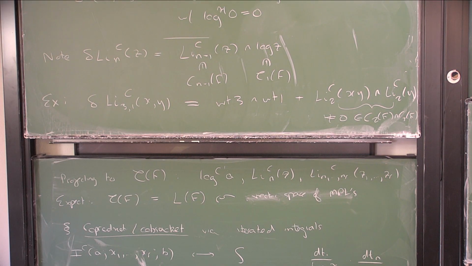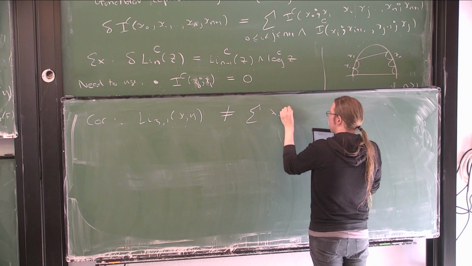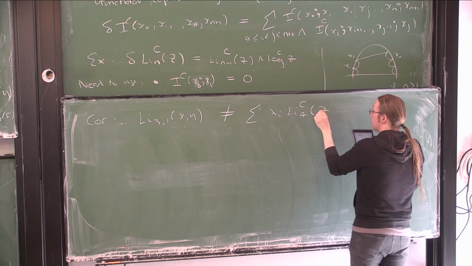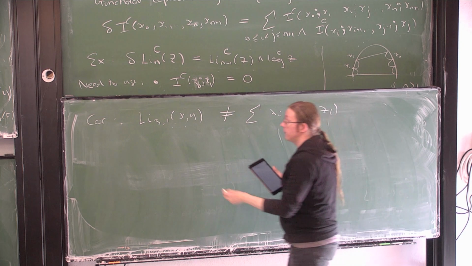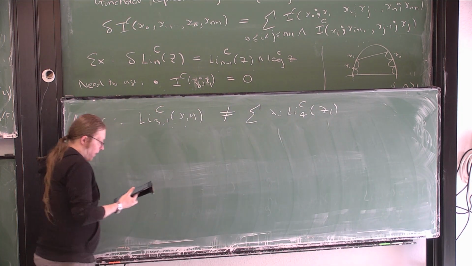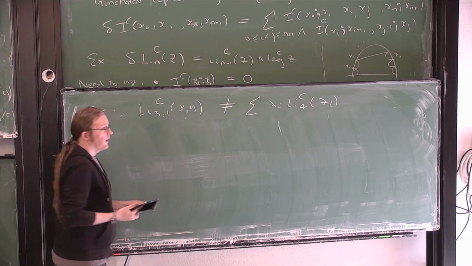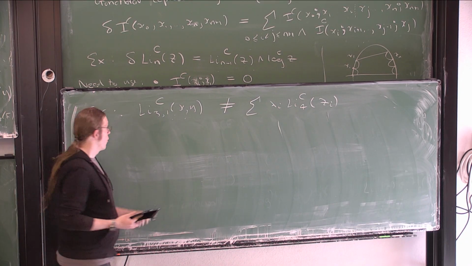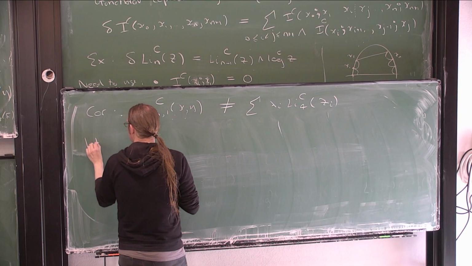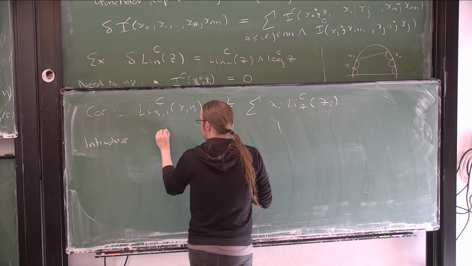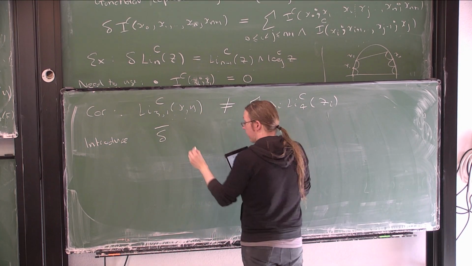The corollary: Li3,1 of xy cannot be a sum of any number of Li4 terms. So it's not possible to make the cobracket match. So if I introduce here the notation for the truncated version of the cobracket, I'll write that with a bar over the top.